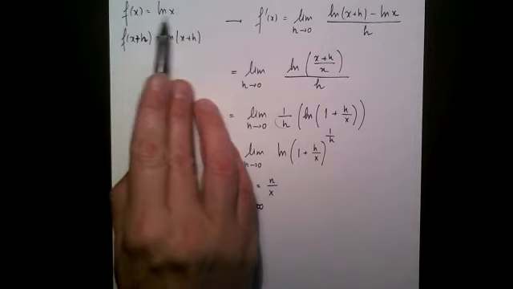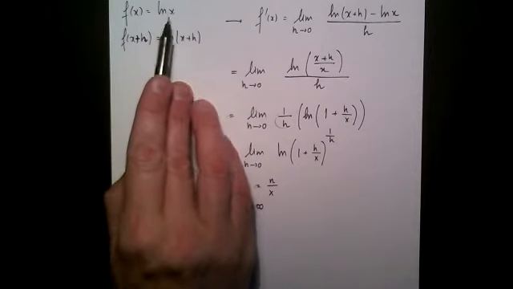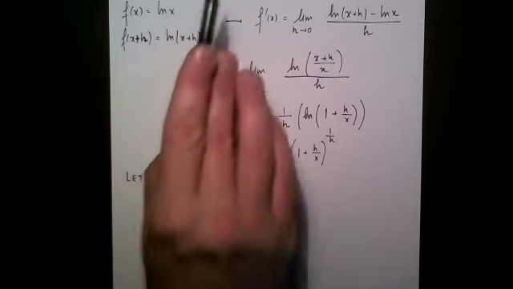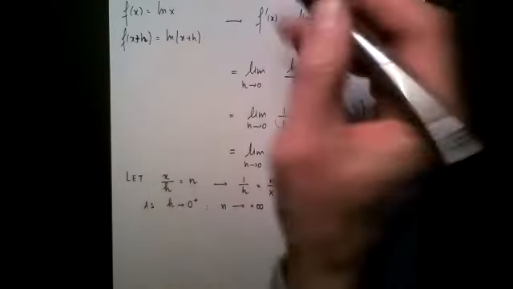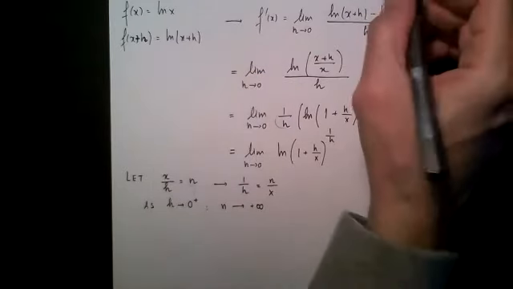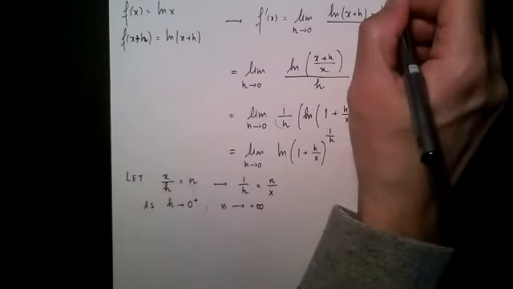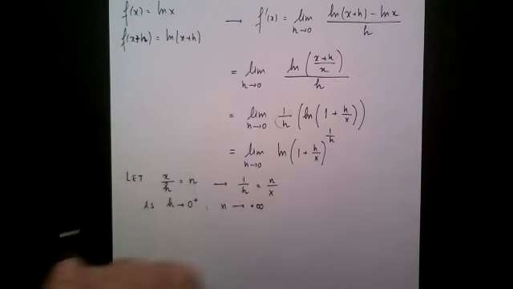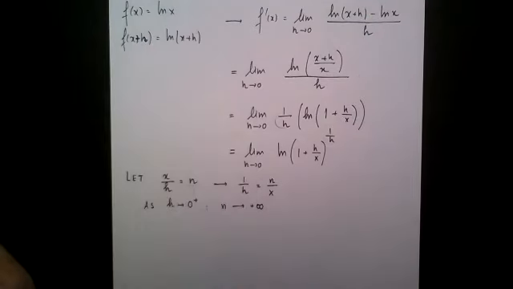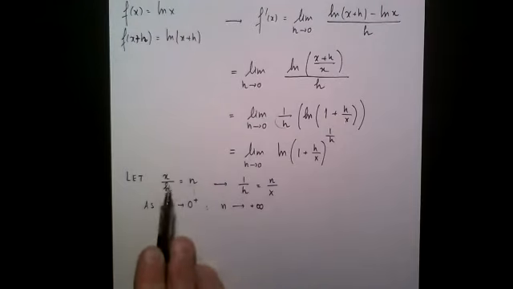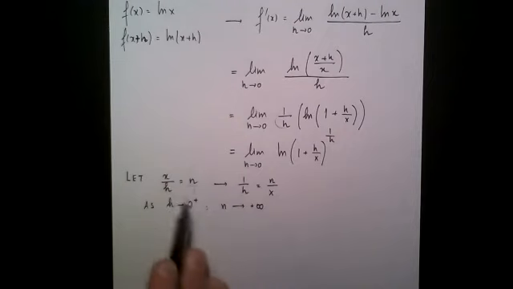So from here I see that x is for sure positive, or else it doesn't make sense. x is strictly greater than 0, not even 0, because ln of 0 doesn't exist either. So x is a positive number, h is approaching 0 from the plus, plus over plus is plus, and a number over 0 is infinity. So I get n approaches plus infinity.